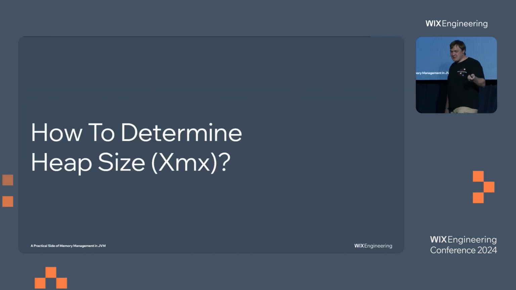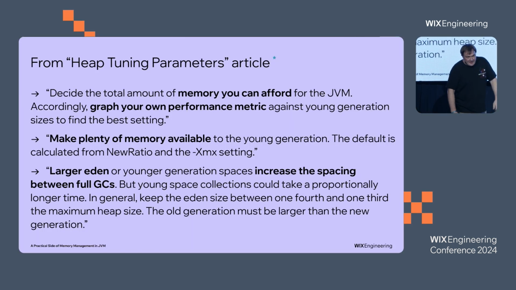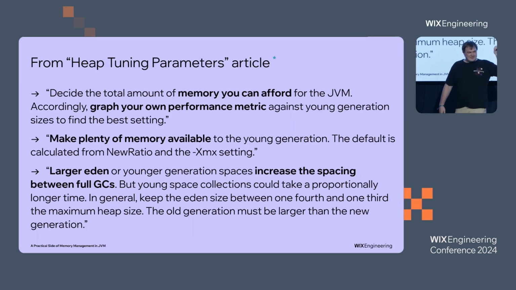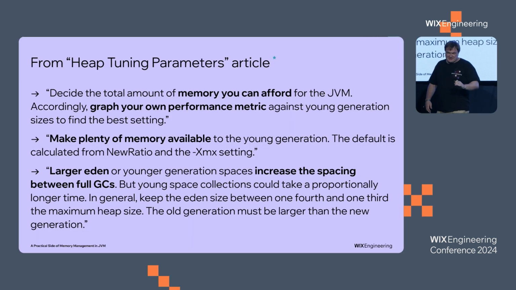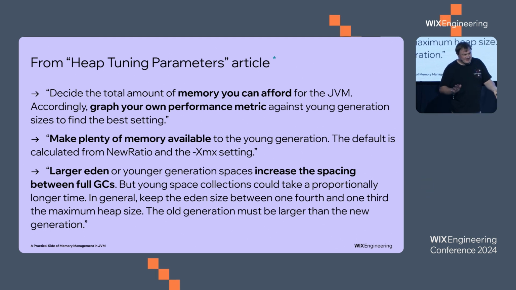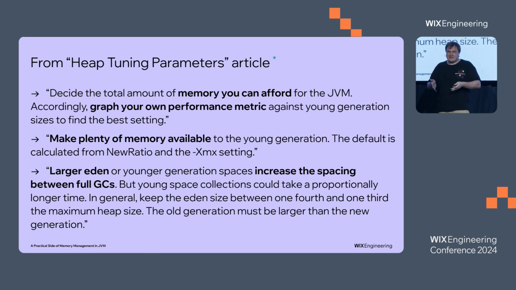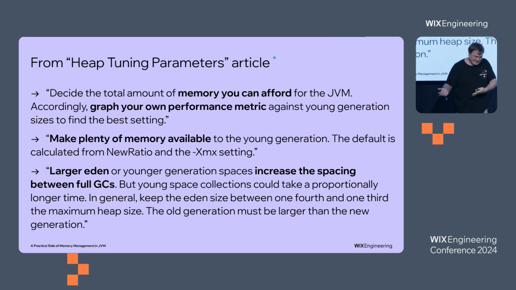Okay, the next big question is how we can actually determine the size of the heap, how we can configure Xmx. In general, on the internet, you can find some advice on how to do it, but it is all very vague. Basically, they say you need to have enough memory for your application, and sometimes as much memory as possible for your application.